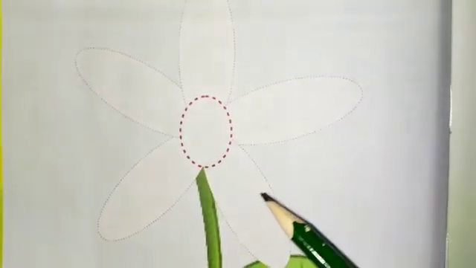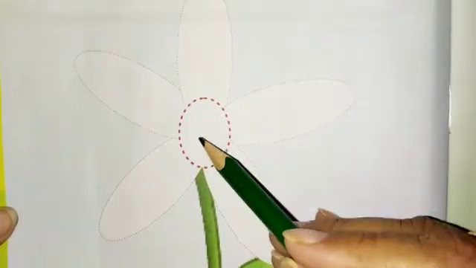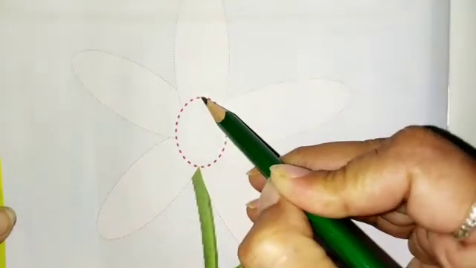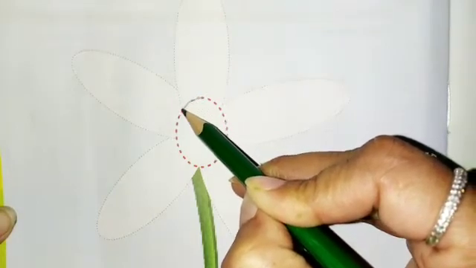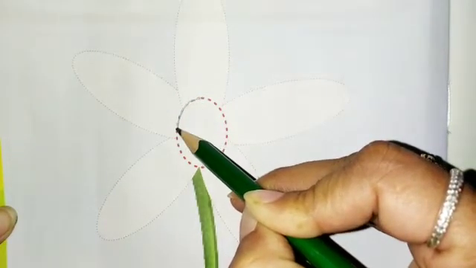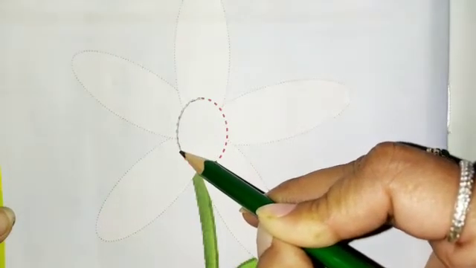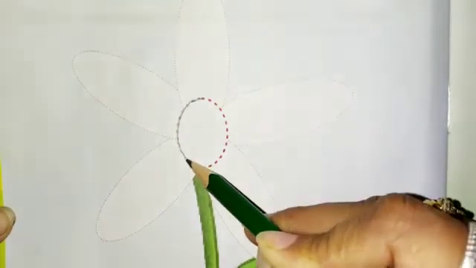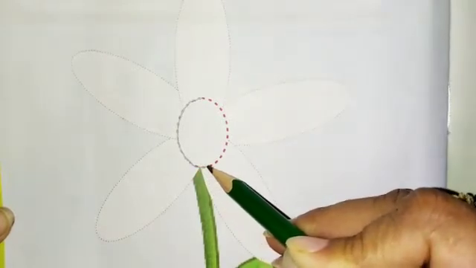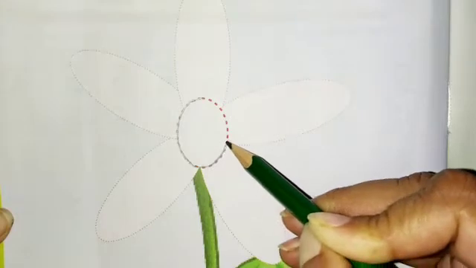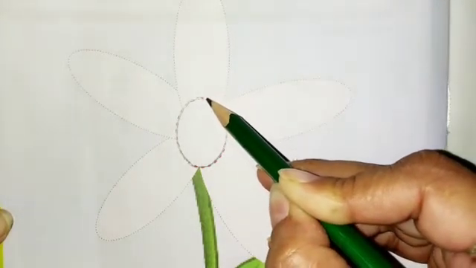First you have to trace this 0. Do it slowly and take your pencil like this. Down, down, down, down, down. Come down like this. Slowly, slowly you will go up now this way and you will trace this 0.